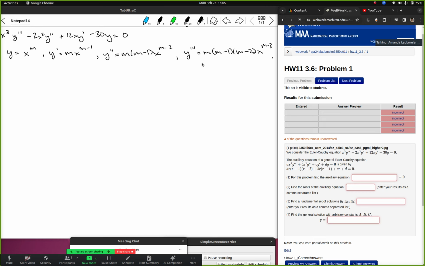So when I plug that into my ODE, I'm going to get that 0 would be x cubed times m times m minus 1 times m minus 2, x to the m minus 3, because that's y triple prime, minus 2x squared times m times m minus 1, x to the m minus 2, because that's y double prime, plus 12x times m x to the m minus 1, because that's y prime, minus 30 x to the m, because that's what I assumed y would be.